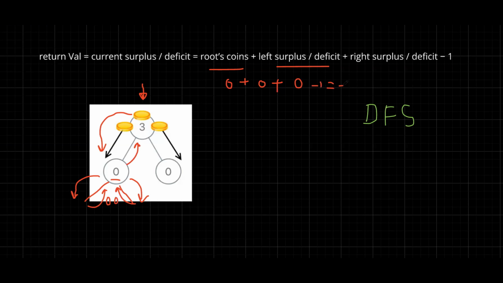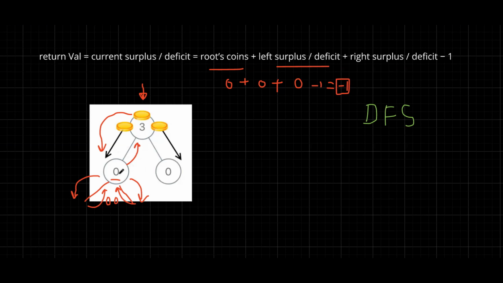So it will be minus 1. What basically does this minus 1 mean? This minus 1 indicates that it has a deficit of 1 coin. That means it has to borrow one coin from any of its children or parent.